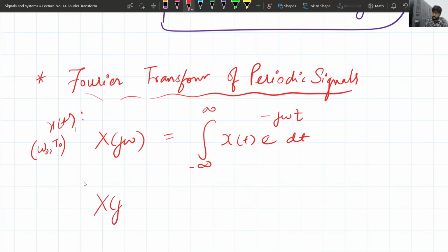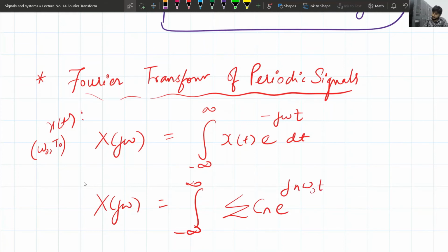Since x(t) is periodic, we can represent this signal in terms of Fourier series representation: sum of Cn e to the power j n omega naught t, multiplied by e to the power minus j omega t dt.